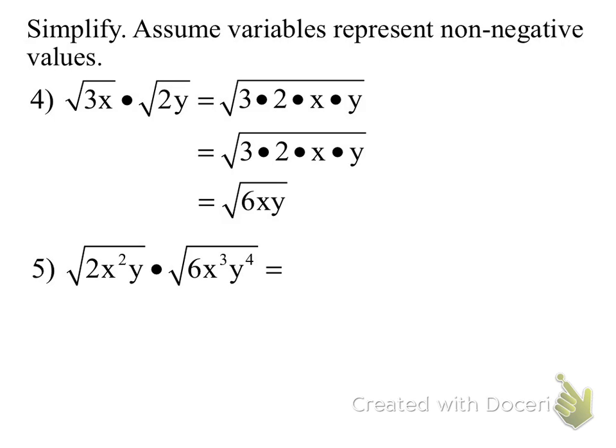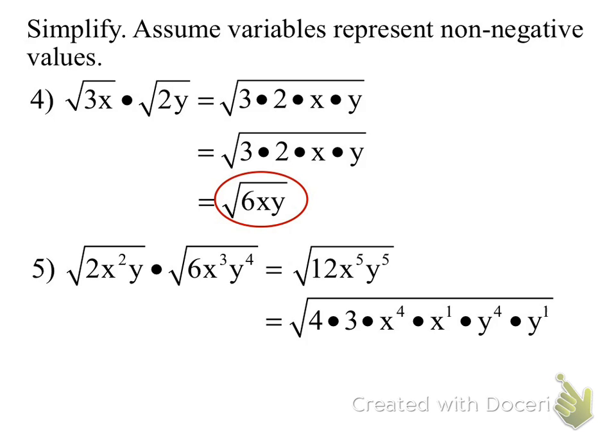At one point, you're going to get these and they can't be simplified anymore. But sometimes, once I multiply them, I can break 12 down again. What perfect square is inside of 12? 4. So the 4 can be broken down. And notice my x to the 5th: I bring it down to the closest even number, which would be x to the 4th times x.